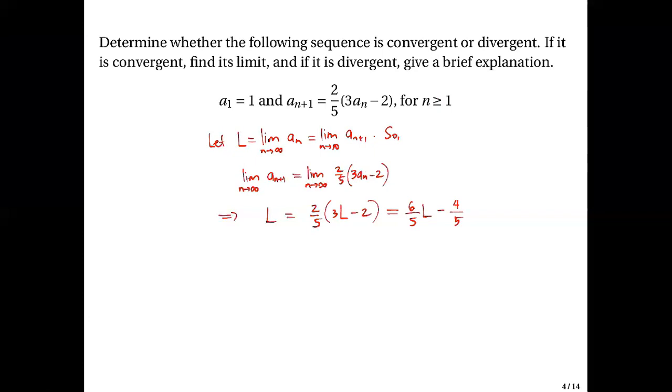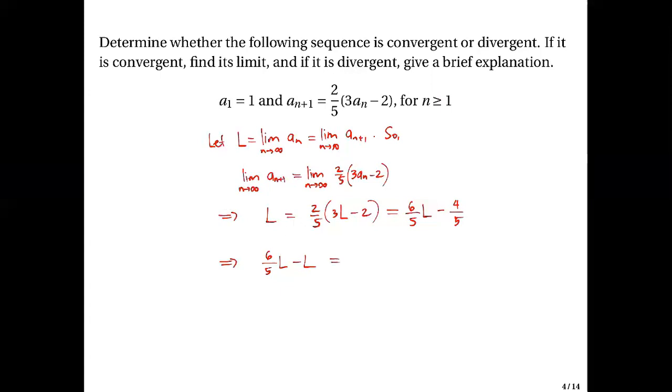And then from here, all we need to do is to isolate L. We just solve for L and we'll have the limit. So we get 6 over 5 L minus L. I'll bring this guy to that side, and then bring negative 4 over 5 to the left-hand side, and then switch the equality.